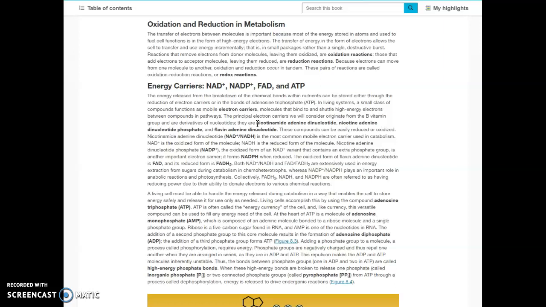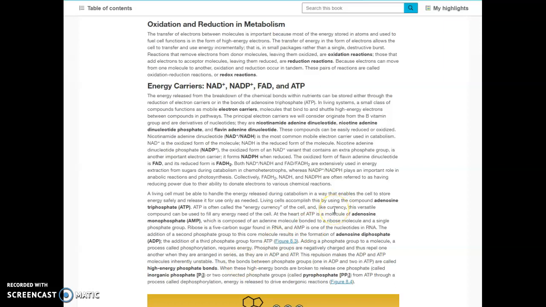They show up in areas where these catabolic reactions are occurring, where these electrons are being stripped away. They latch on to those electrons, bond very easily with them, and then carry them somewhere else in the cell where they're needed and drop them off. So they're very easily reduced, picking up the electrons, and oxidized, dropping off the electrons.